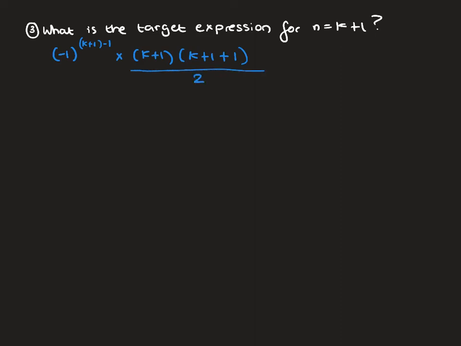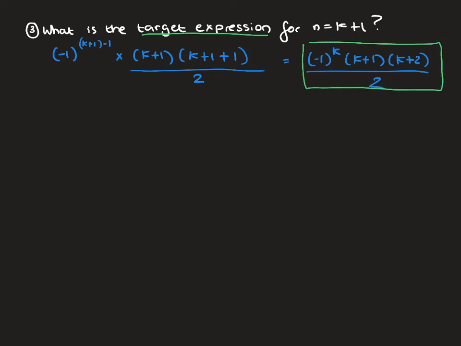So I've replaced n by k plus 1 on the right hand side. Just to simplify this a little bit, this is negative 1 to the power of k, and then k plus 1 multiplied by k plus 2 all over 2. So this is my target expression and what I'm aiming to get to when we take the sum of the first k plus 1 terms.